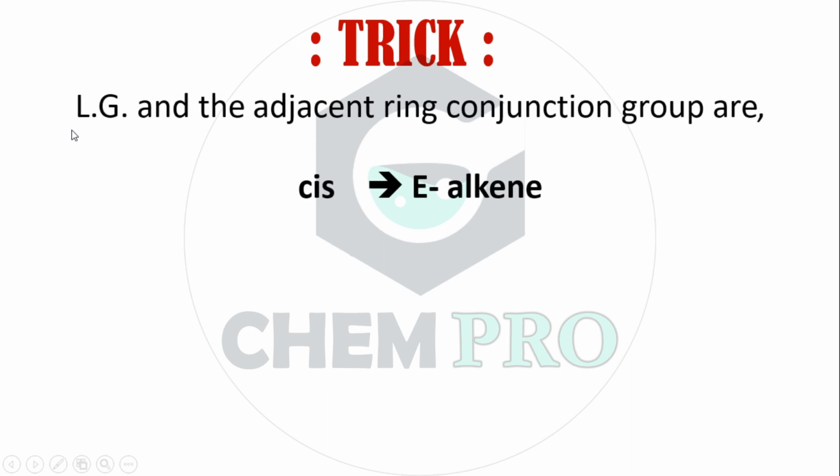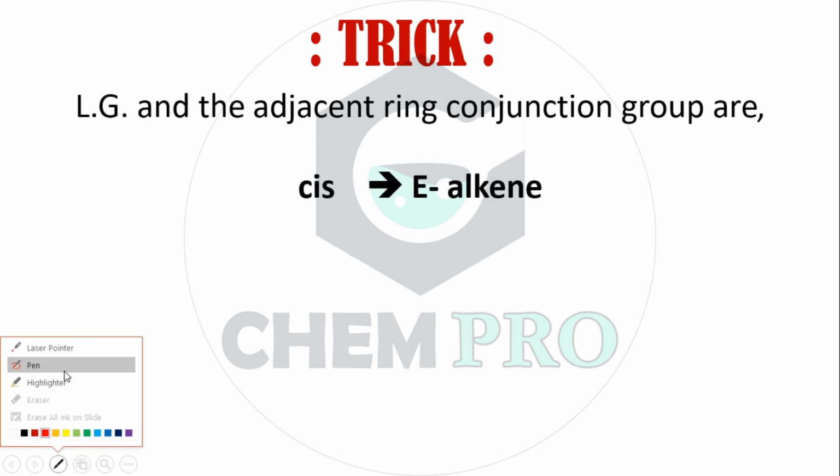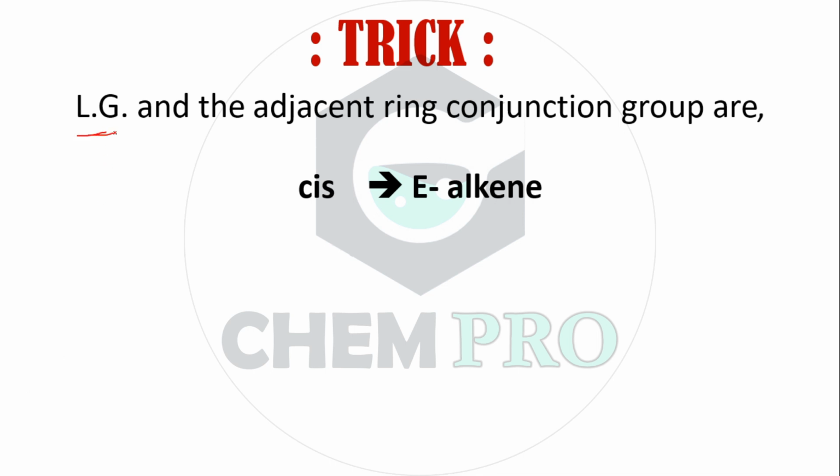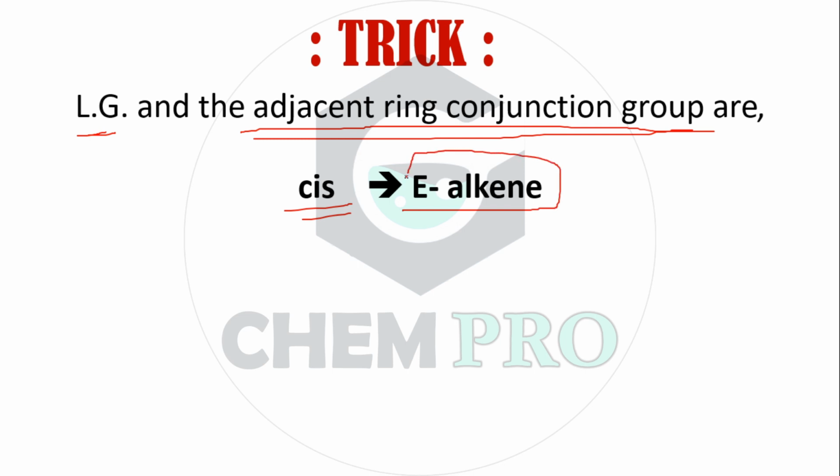If the leaving group and the adjacent ring junction group are cis to each other, then the alkene must be an E-alkene. And if the leaving group and the adjacent ring junction group are trans to each other, then the alkene must be a Z-alkene.